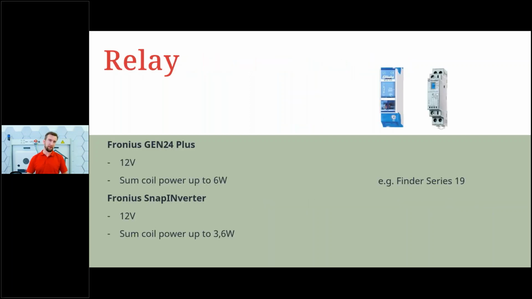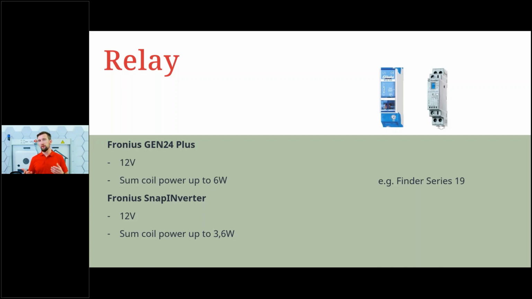So let's come back to that relay I mentioned. The relays have a few very basic criteria. We are dealing with a 12-volt signal, so it has to be a 12-volt relay that will then switch your main phase. The sum coil power on Snap inverters is 3.6 watt. Now, that sum power is for all the relays that you want to switch.